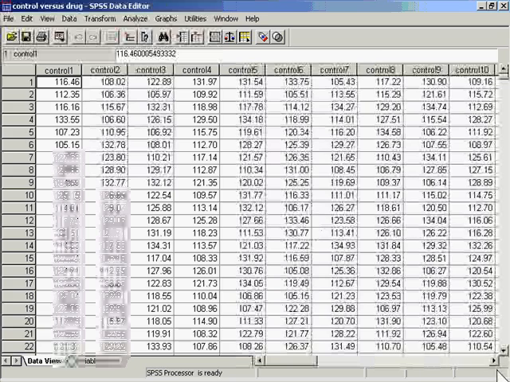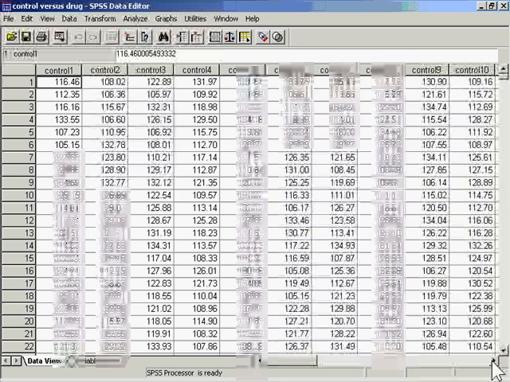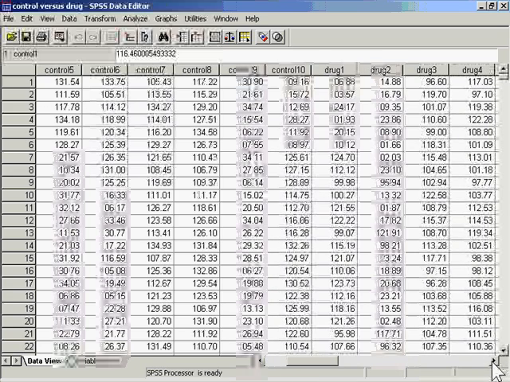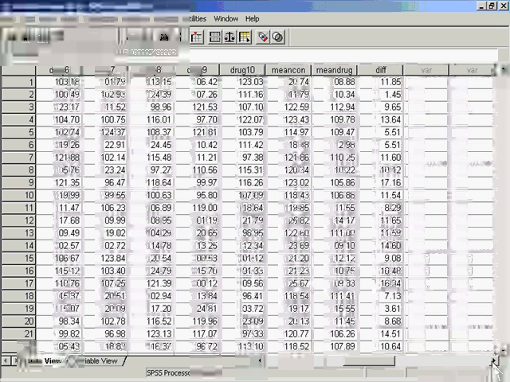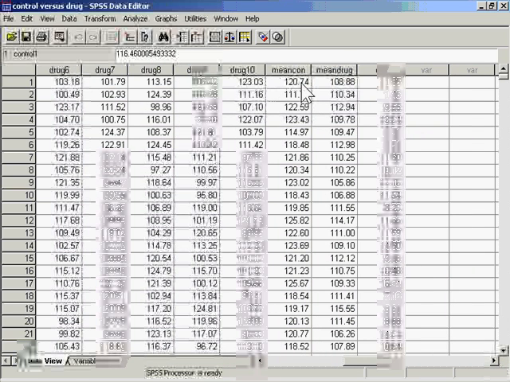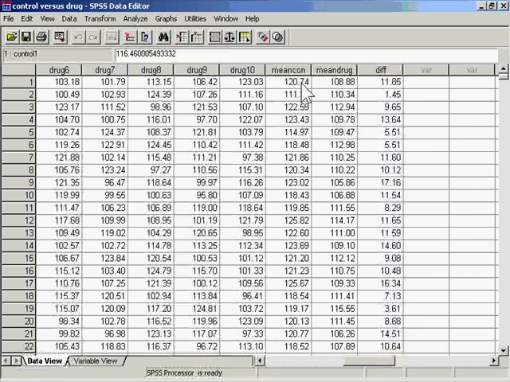In the spreadsheet in front of us, I've replicated some control values. So we have 10 control values, we have 10 drug values, and we have a mean for the control. I had a look at this mean for the control in the previous exercise, but I've also got a mean for these 10 drugs as well across the row.